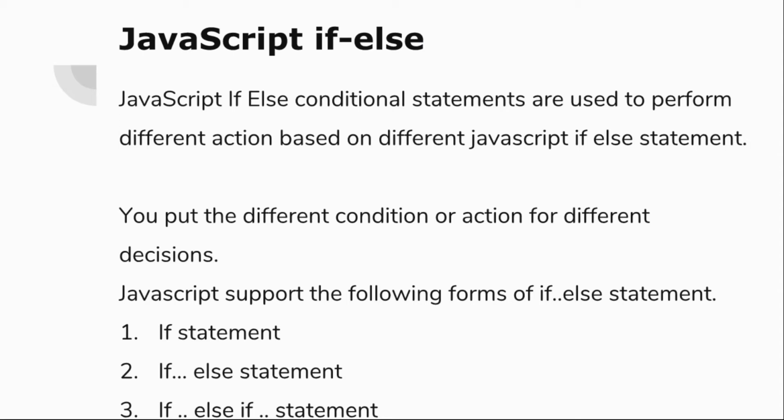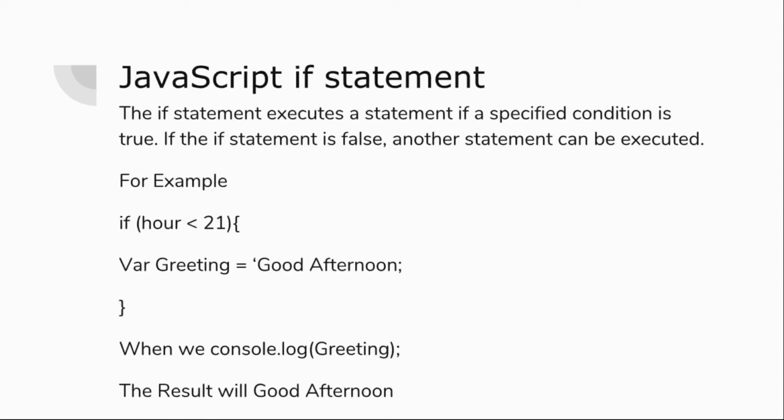Now we start covering the if-else statement parts. JavaScript if statement. This is the first part of the conditional statement. The if statement code executes if the specified condition is true. If the condition is false, then the other statement is executed.